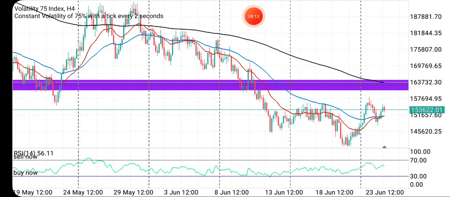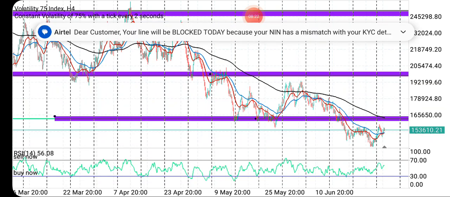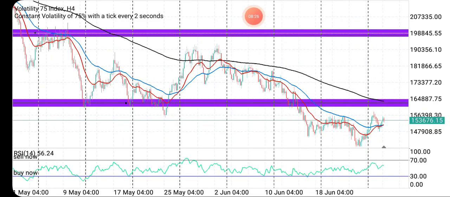This market, I analyzed it before. I sent you a screenshot. If you can check the screenshot, it's almost the same thing. Because you need to be analyzing the market whenever you feel that it has made a move.